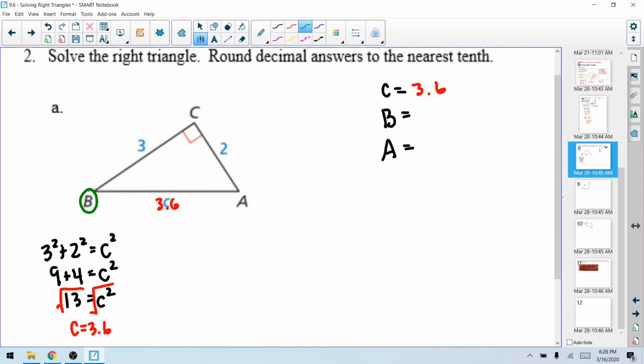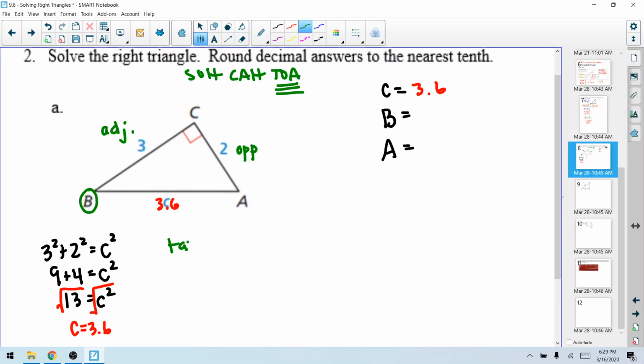Keep in mind that is a rounded answer, so if you can avoid it, don't use 3.6 to calculate anything else. So I'm just going to consider the 3 and the 2. From angle B, opposite side, 2. Adjacent side, 3.